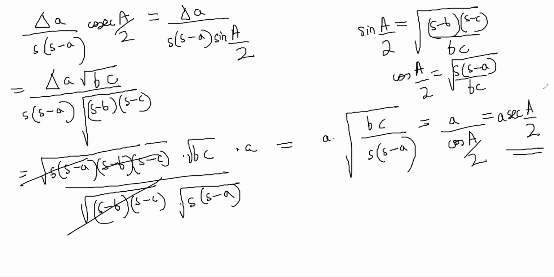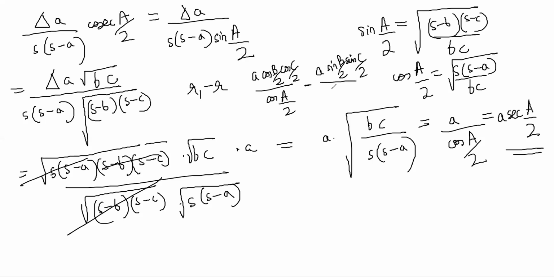There would have been an easier way to do it also. The easier way would have been R1 minus r, writing it in terms of the A formulas. R1 can be written as A cos B by 2 cos C by 2 by cos A by 2, minus A sin B by 2 sin C by 2 by cos A by 2.